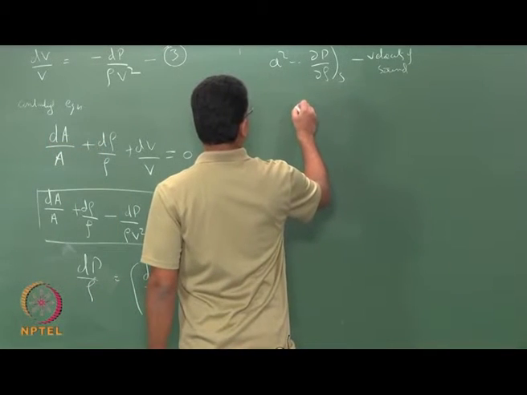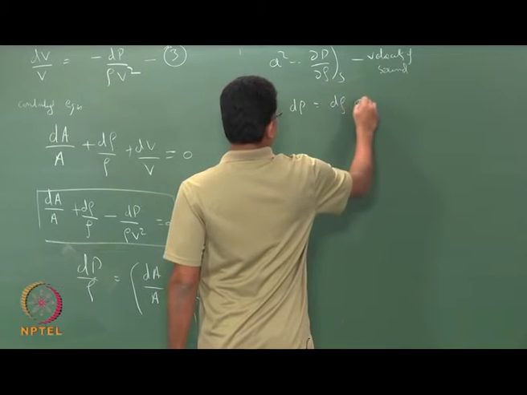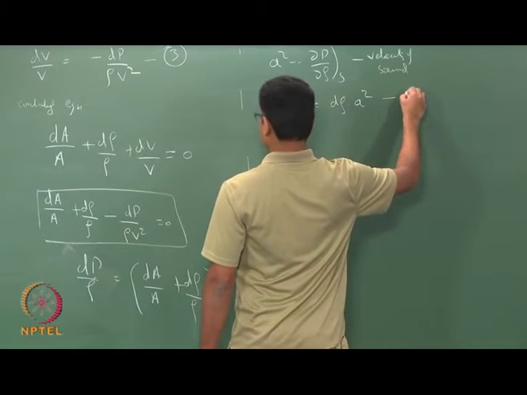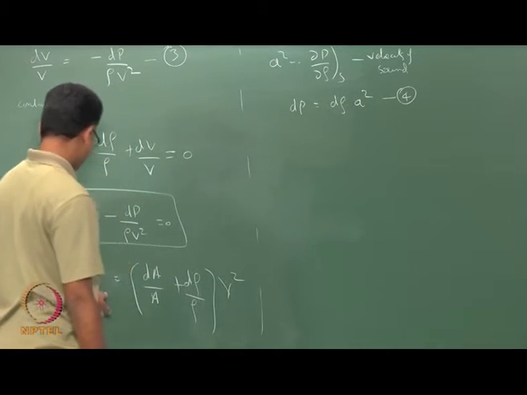I would change my dP as d rho into a square. So, I substitute this, equation 4, in here.